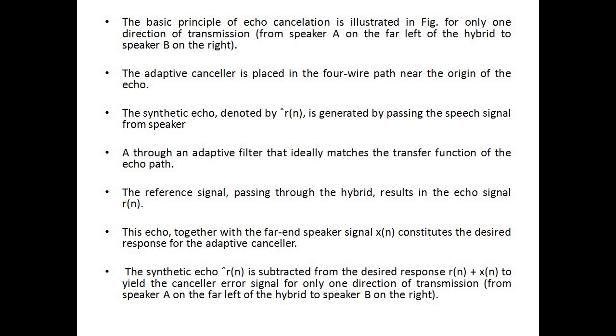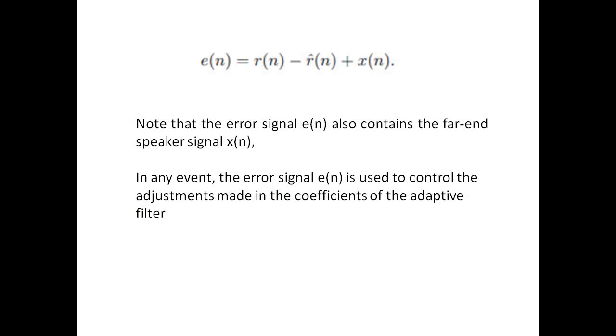If that error is minimal, then we can understand that the echo is negligible. If not, then there must be corrective measures in the filtering process to filter out the effect.